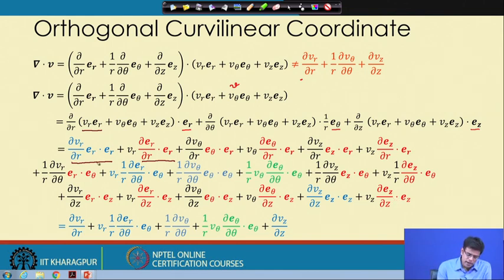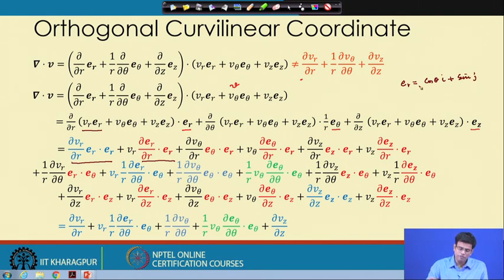Since this is an orthogonal or orthonormal curvilinear coordinate system, the cylindrical coordinate system, er dot er will be 1. So the first quantity, del er by del r: if you remember, our er is essentially cos theta i plus sin theta j.